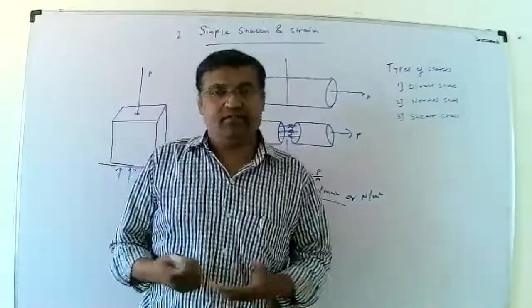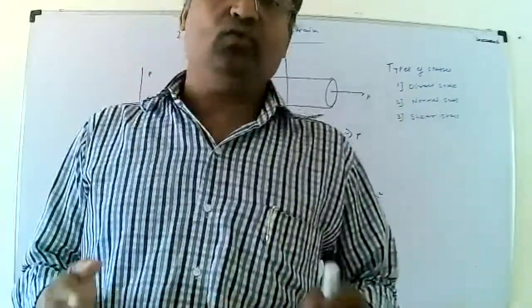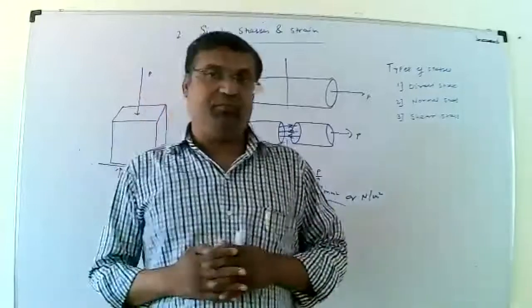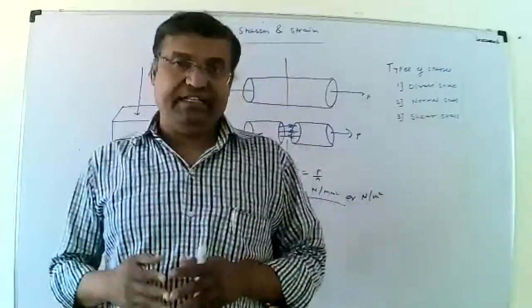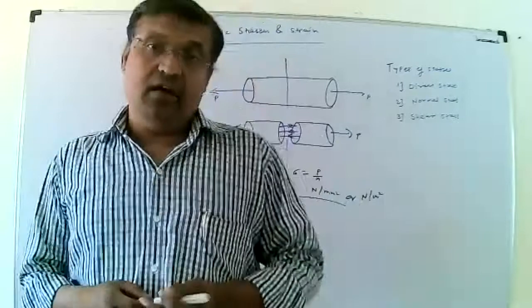Direct stress, what is direct stress? Already discussed: the load whose line of action coincides with the axis of the member. The stress induced in it is said to be direct stress.